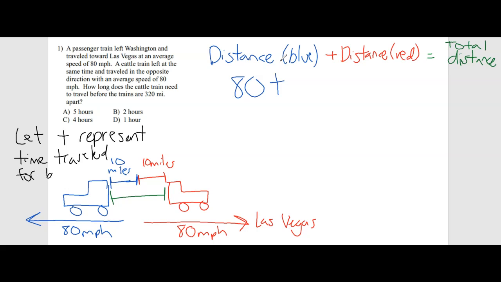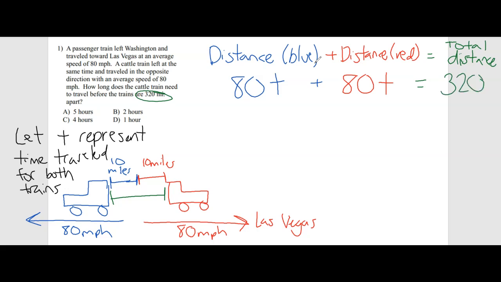It's for both trains, because they left at the same time. So I have 80t for the blue, plus the speed of the red, which is also 80 miles per hour, times the number of hours, which is t, and that's going to equal the total distance, which we know is 320 miles.